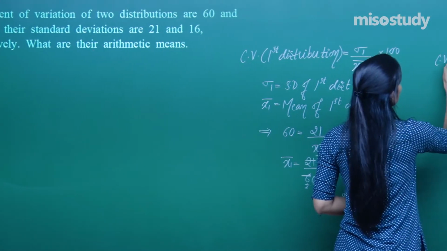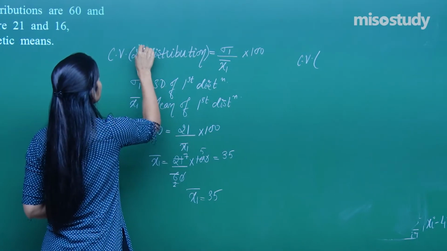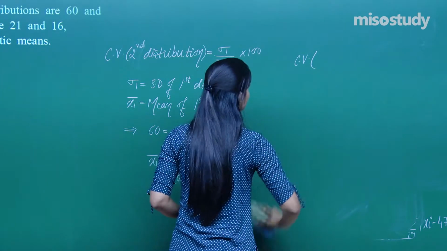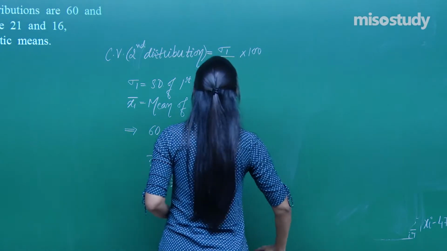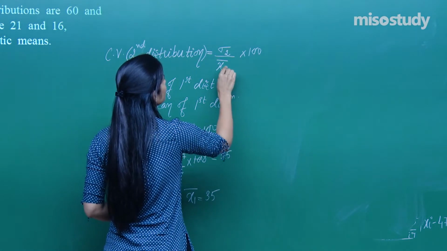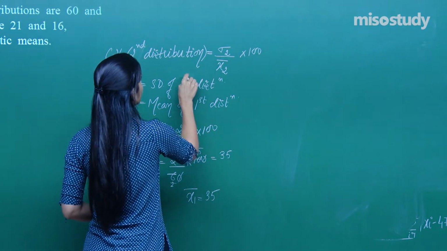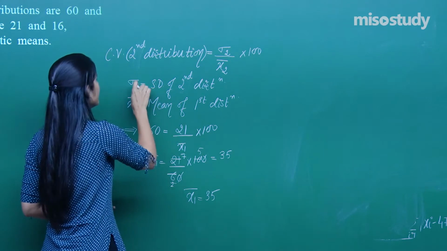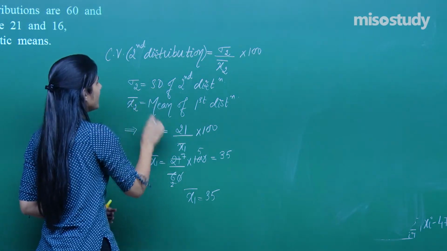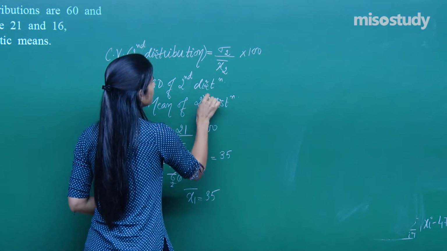Similarly, let us talk about the coefficient of variation corresponding to the second distribution. It is equal to standard deviation of the second distribution upon mean of the second distribution. So, sigma 2 is standard deviation of the second distribution and x2 bar is representing mean of the second distribution.